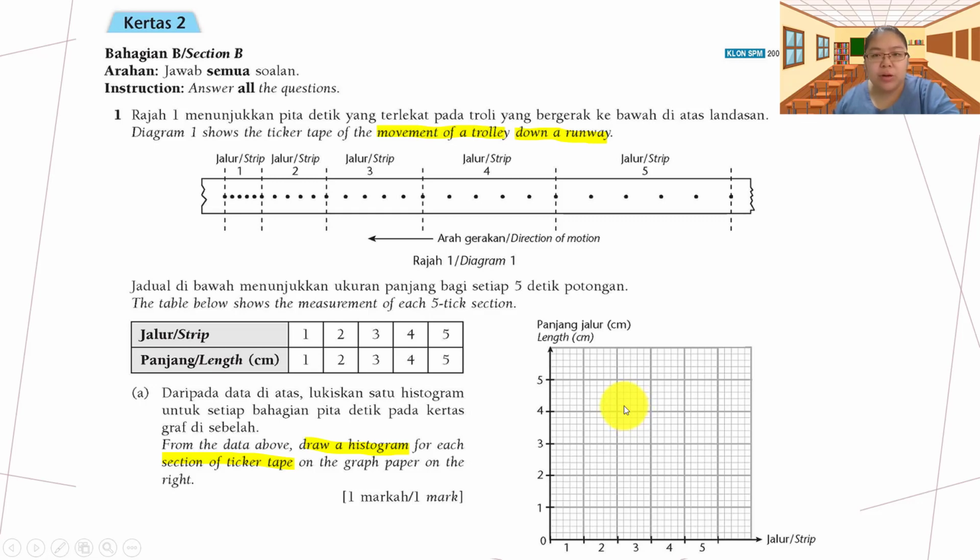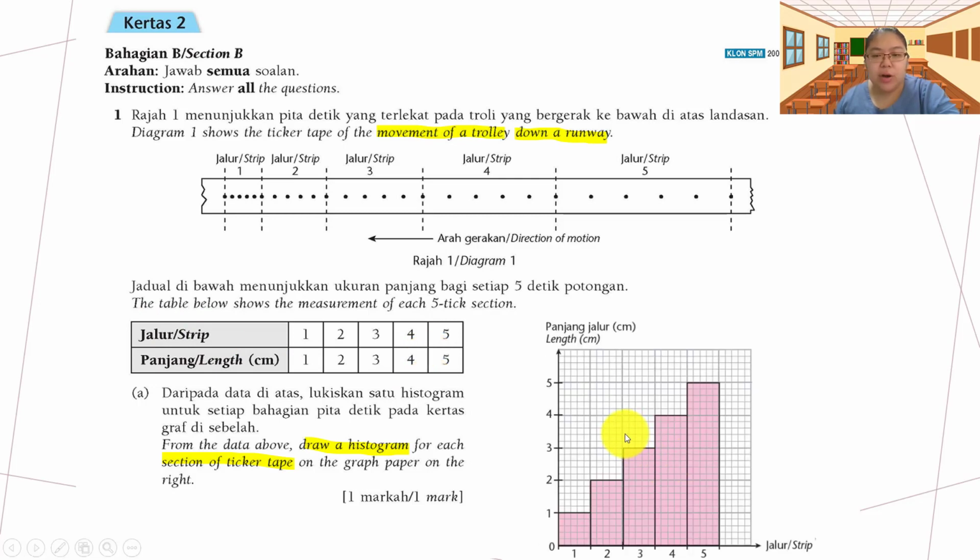Normally we draw a line graph, where you plot the crosses, then you join the line. Now a histogram is bars, 1 bar by 1 bar. I start to draw 1 until 5. Then you join, just like the ticker tape: you cut, after that you paste.